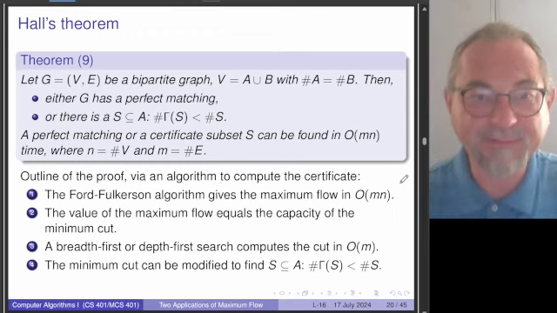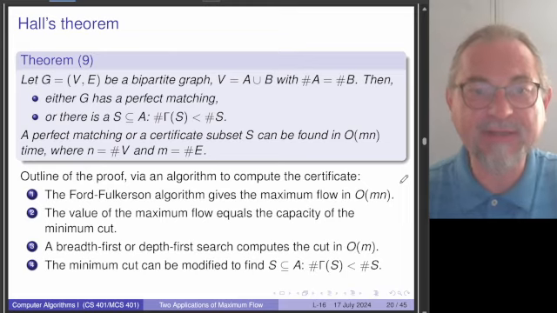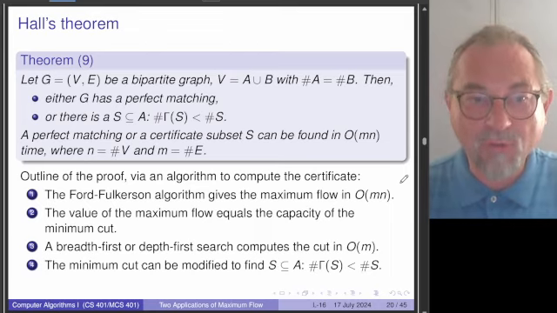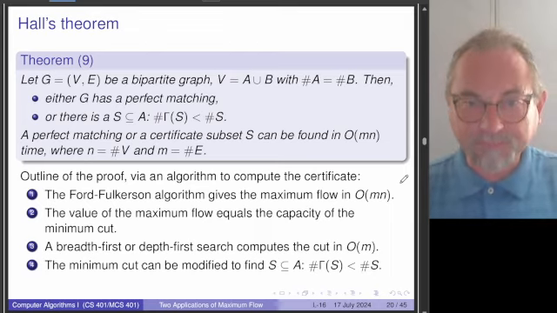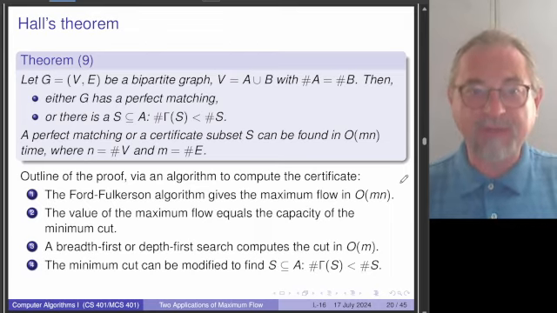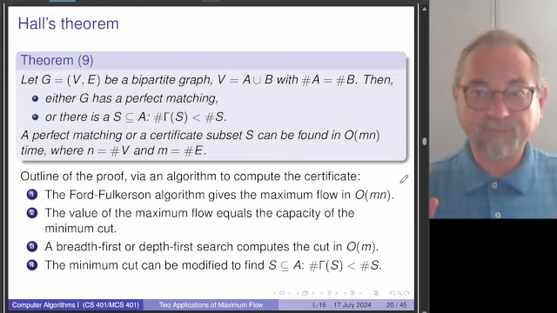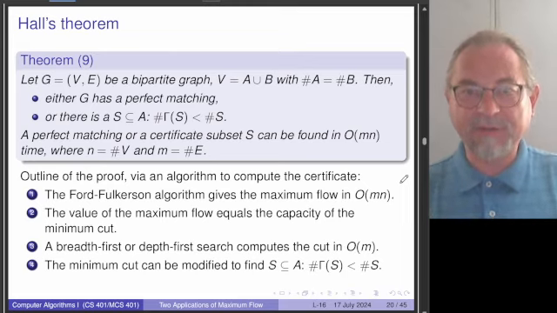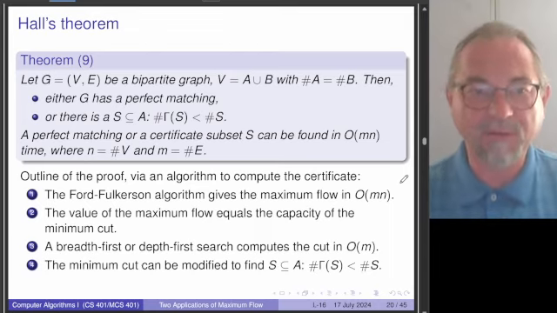So here are the main ingredients in the proof. You compute the maximum flow, and we have shown last time that if you have the maximum flow, you also have a minimal cut, and the capacity of that minimum cut equals the value of the flow.